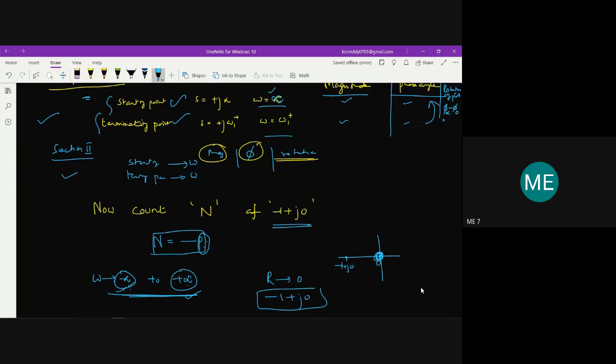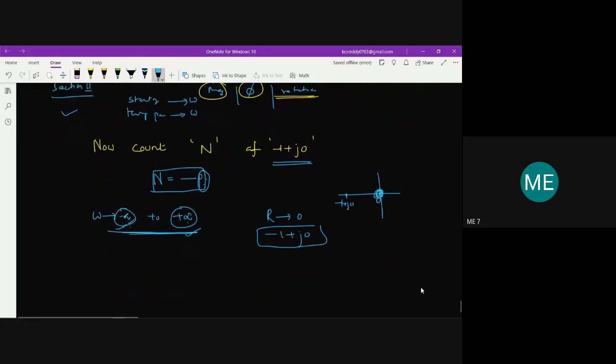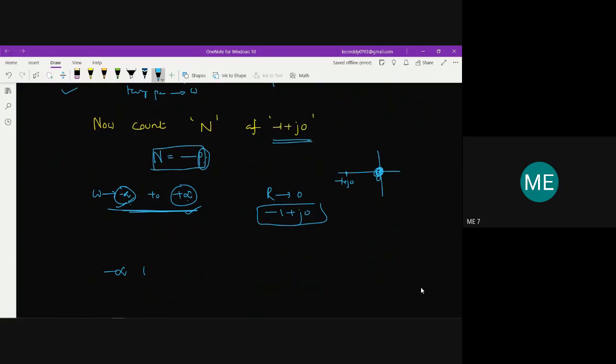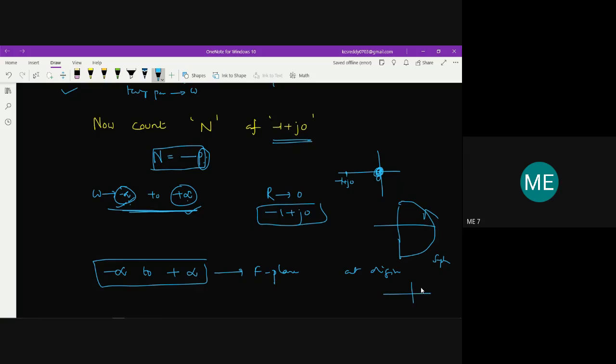There is no need to show the analysis for this last section, minus infinity to plus infinity, in the F plane, because it will be at the origin. The whole thing which I have shown in the S plane will become a point in the F plane for section 8.